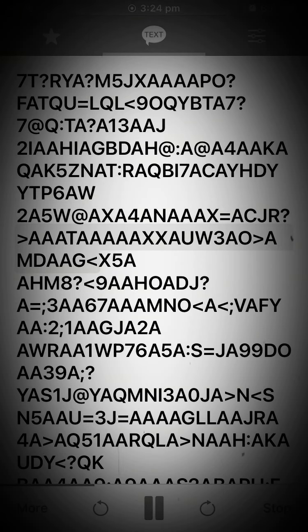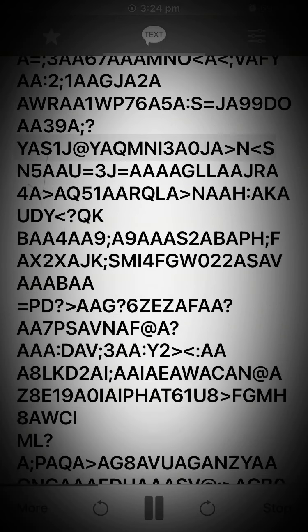Comma at ARXXOR 3 AO. Amdag. X5 a. AHM8. 9 Ahoj. A equals semicolon 3 AA67 Amno. A. Vafia 2. 1 Agja 2 a. Ara 1 WP76 a 5A. S equals JAR 99 DOA 39A. Yas 1 J at Yakni 3 a 0 JAR.